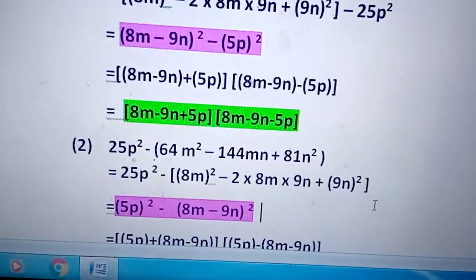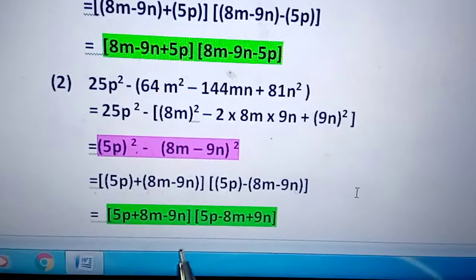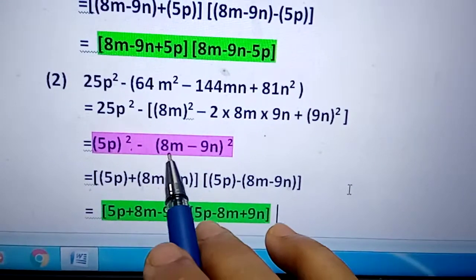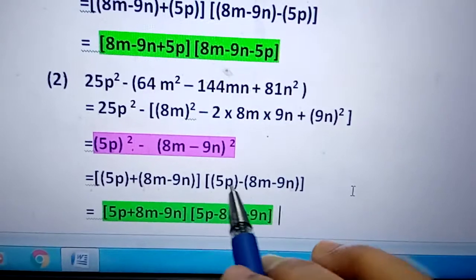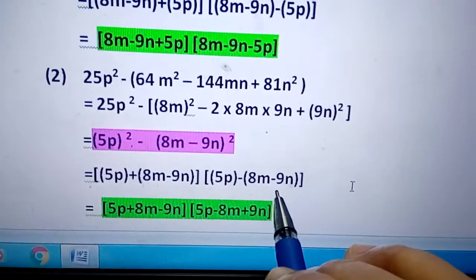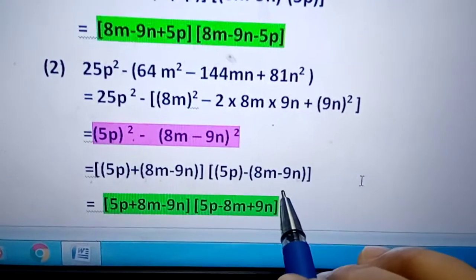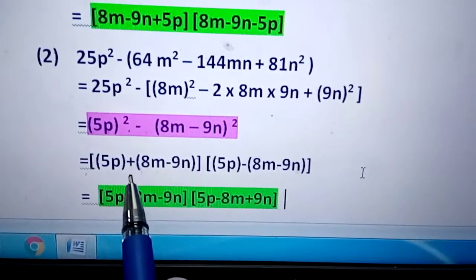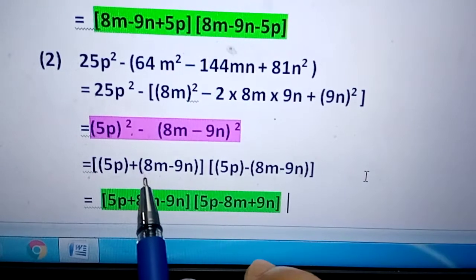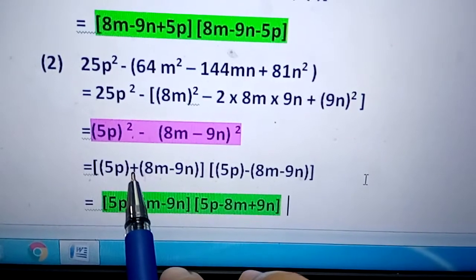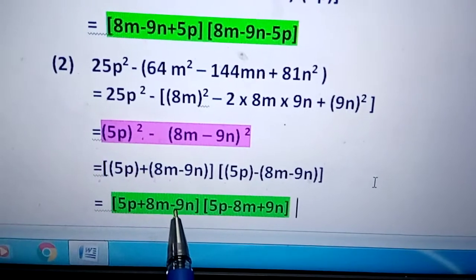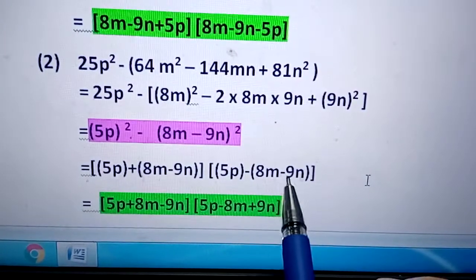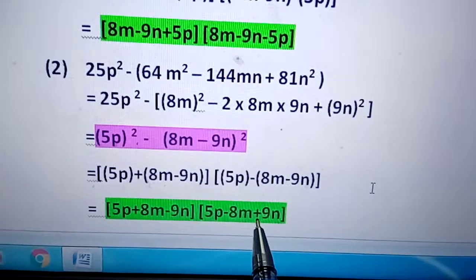So you will write a plus b, this is the a part, it will be written first, then the b part will be written, and a minus b. Now you will remove the small bracket. In the first part you will have no problem because just outside this bracket there is a plus sign, so plus into minus will remain minus only. But when you remove this small bracket, then minus into minus will become plus.